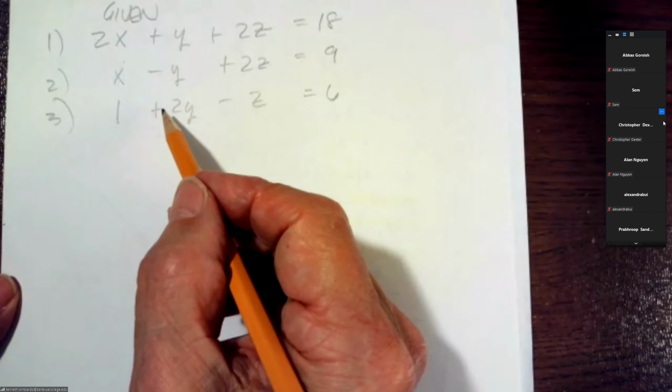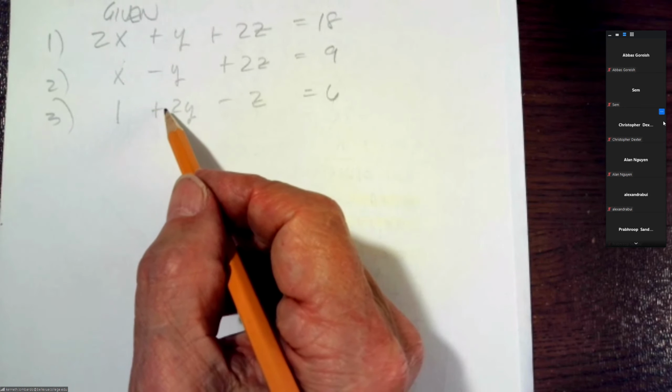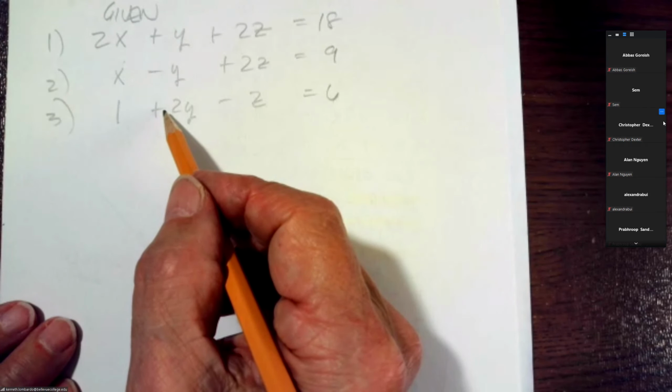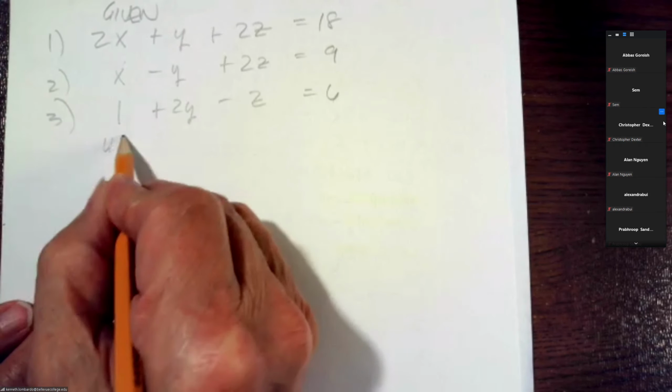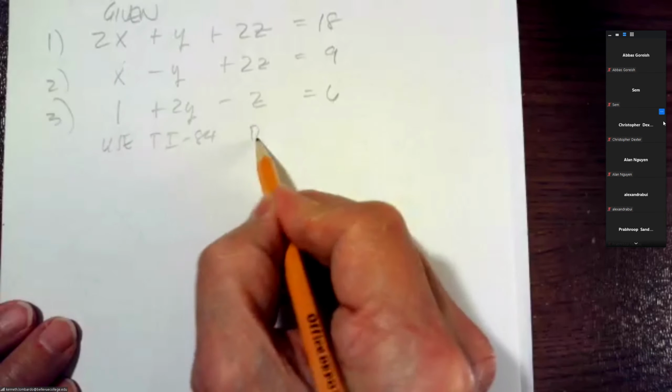And if we were asked to use matrix operations, we could do it. Right? We know how to use matrix operations. But what we haven't covered is, could we use our calculator? Use a TI-84 to solve.